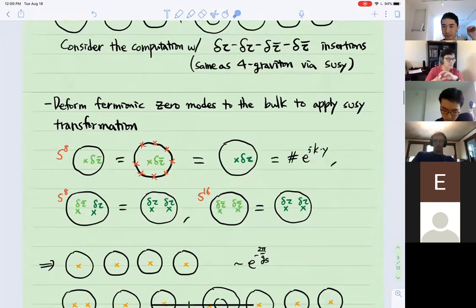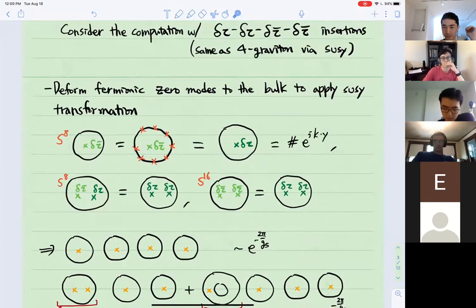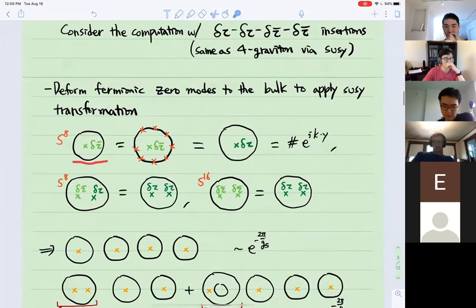Okay. So the reason why we deal with this is to simplify the complication with the insertion of these spin fields. The idea is that when we have a spin field insertion, we can deform it into the bulk to basically apply the SUSY transformation. So it will act as a lowering operator in the SUSY multiplet. So once you have 8 of them, this delta bar will turn into delta.